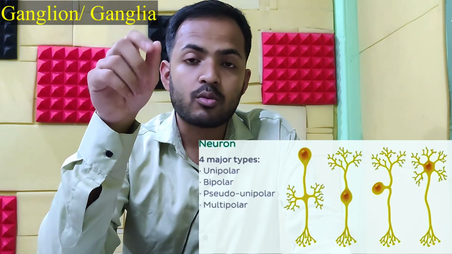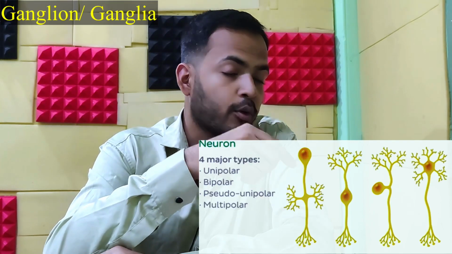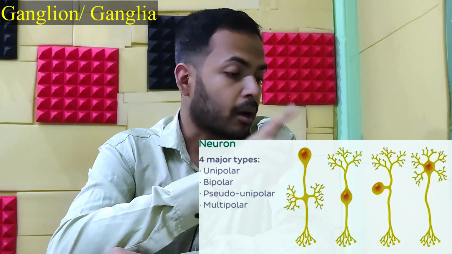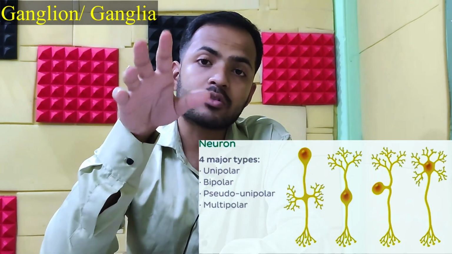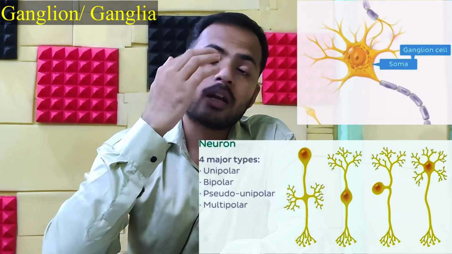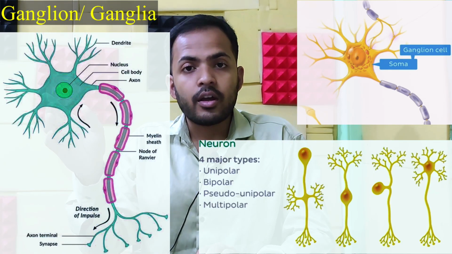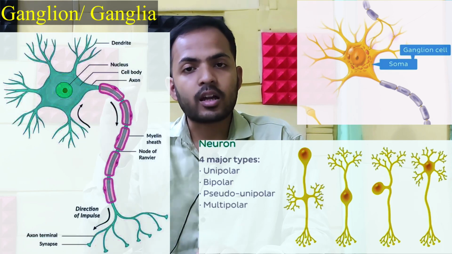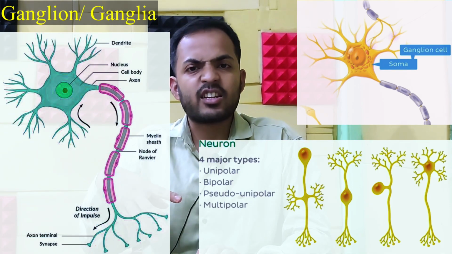Basically, as you can see in this photo, you can see the unipolar neuron, bipolar neuron, multipolar, pseudopolar neuron. Now this multipolar neuron helps to form ganglion. As you can see in this photo, this is the basic structure of a neuron. Neuron means nerve cell. This is the body and this is the tail, and it's known as axon.